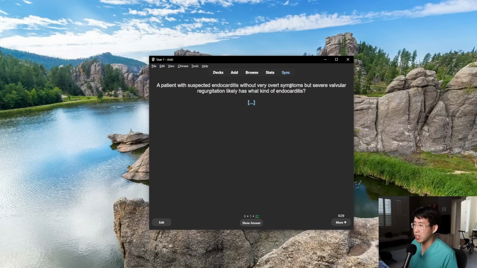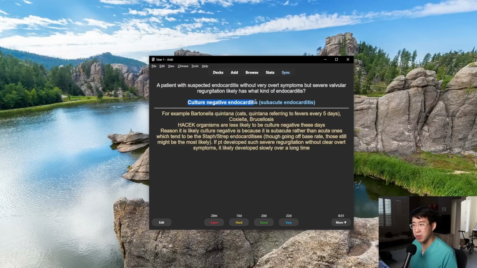And so usually if you have this kind, it's probably going to be a culture negative endocarditis or subacute endocarditis. For example, Bartonella, Coxiella, brucellosis. And that's because staph and strep tend to be acute endocarditis. The patient would not be tolerating this huge regurgitation all of a sudden.